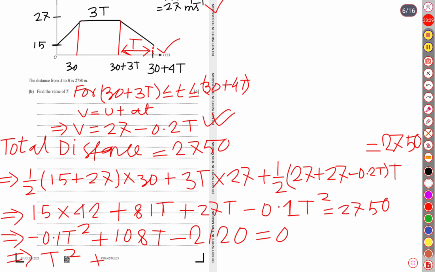If we divide, the first one is t squared, and it is going to be negative, not positive. There will be one more 0, 1080t, and it is going to be positive again.